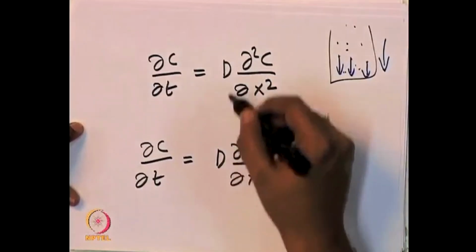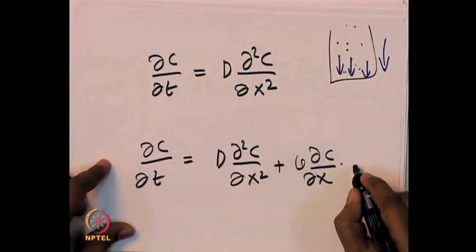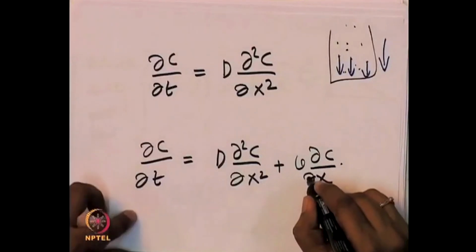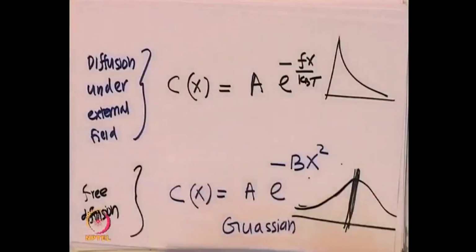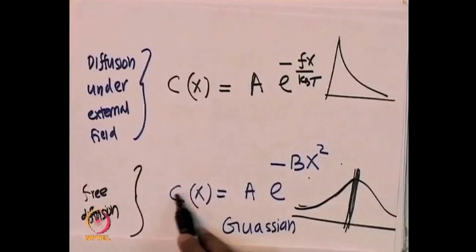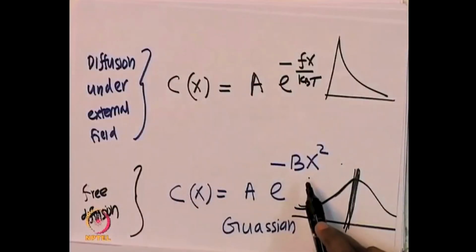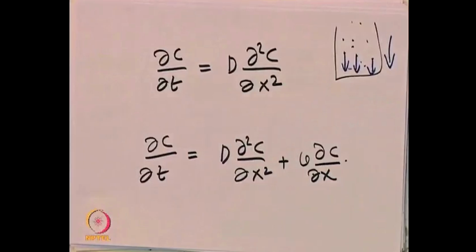And this is free diffusion where there is no external force. So, these are two equations, and this equation has a solution of this form, and this equation has a solution of this form. We will see later how we get to the solution of these.